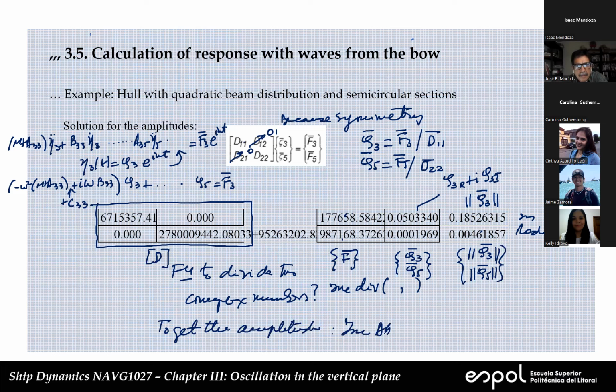In ABS, okay. So you get in ABS parentheses, and you put this number here, and you get the real amplitude. Any other question, people? Other question?